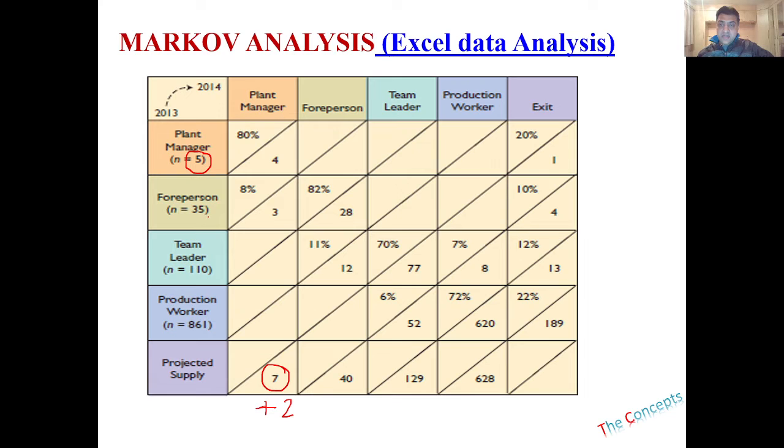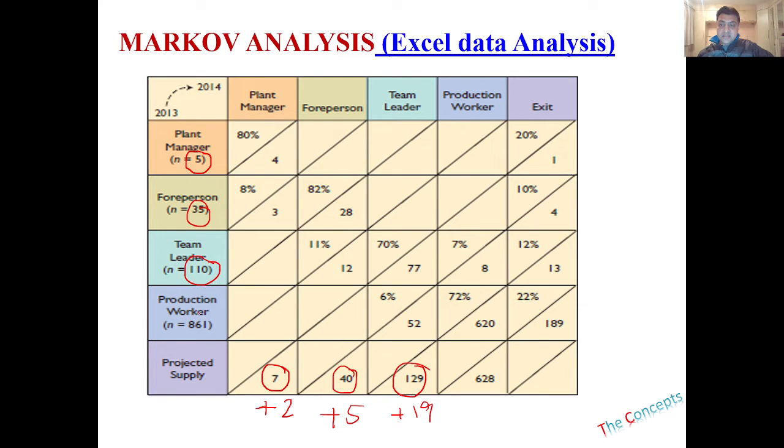And then we need 35 forepersons, but we will have 44, so there's going to be a surplus of 5 people here. And if we look at the team leader, we need 110, but we have 129. So that means there's still a surplus of 19 team leaders.